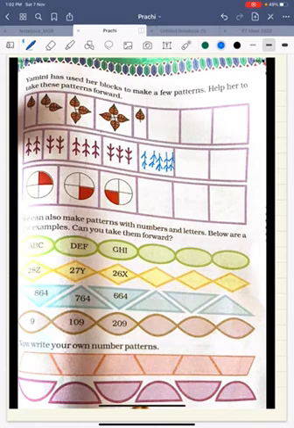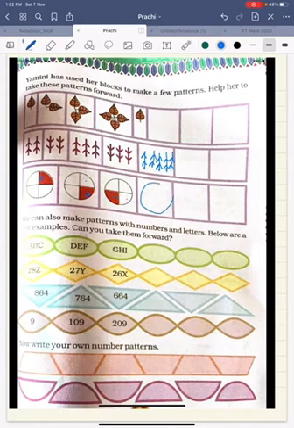Now look at the next picture. This circle is divided into 4 parts, and this part is colored, and in the next one this part is white, and now the next part is colored. Now again in the third picture, the next part of the picture is colored, and the earlier one is white now.